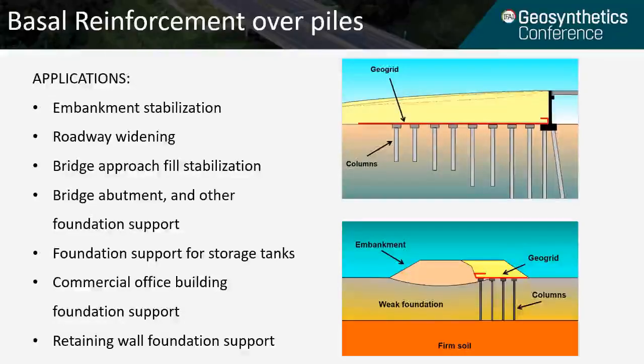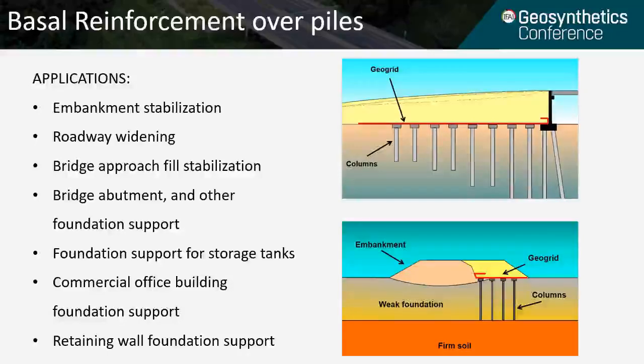The second basal reinforcement I'm presenting today is the one over piles. So in this case, it's a combination between rigid inclusions, such as piles or columns, and a geosynthetic reinforcement. This type of solution has a lot of applications, such as embankment stabilization, roadway widening, retaining wall foundation support, etc. The two elements have different functions.